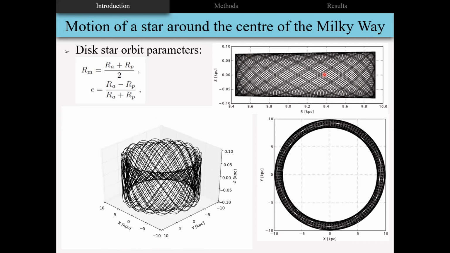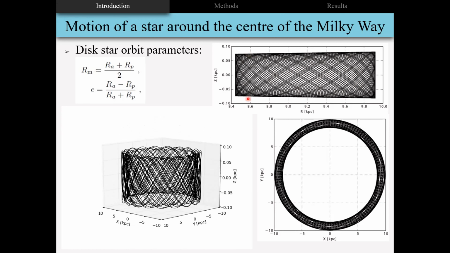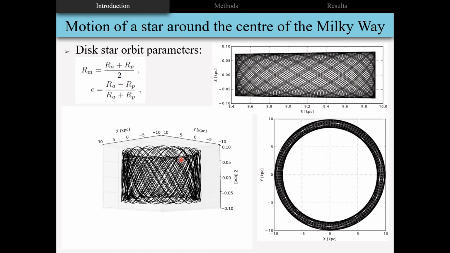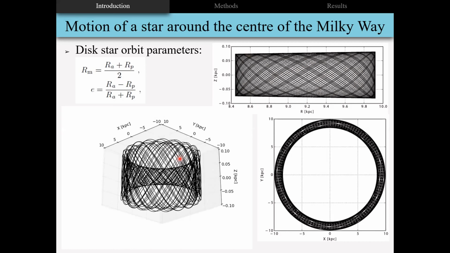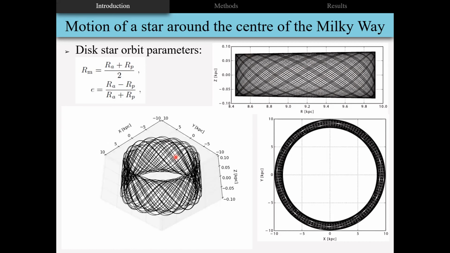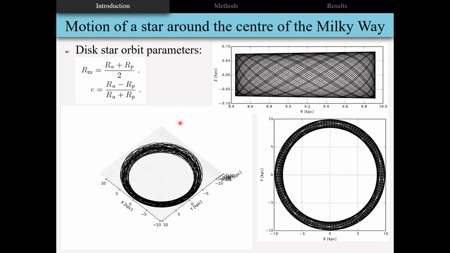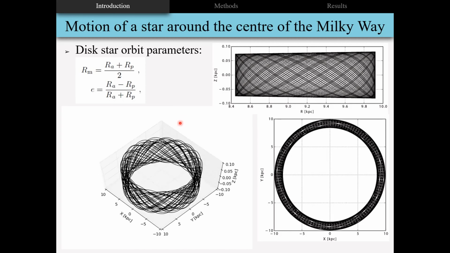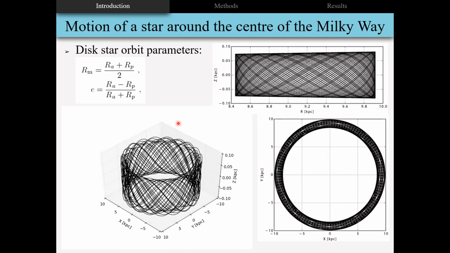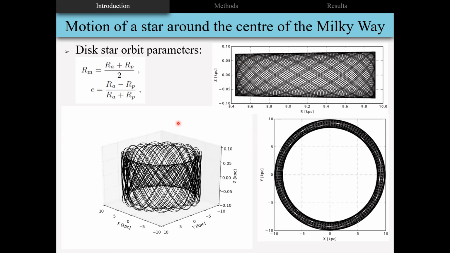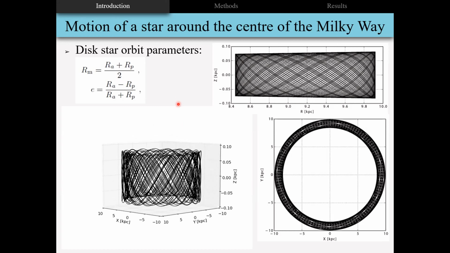On the other hand, the notion of eccentricity, especially in three-dimensional orbits, is not quite clear. So in addition to determining the phase space distribution, we need to be able to calculate well-defined orbital elements for a large number of stars, especially for disk stars.